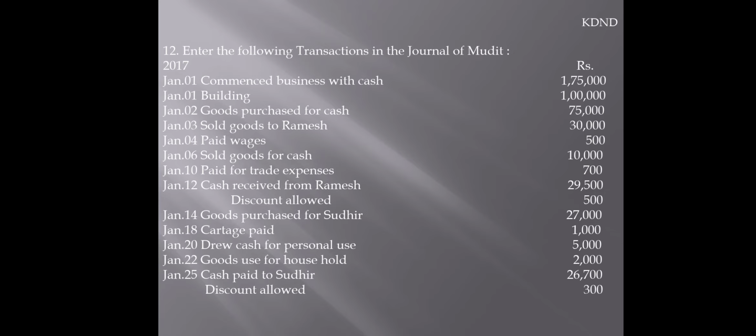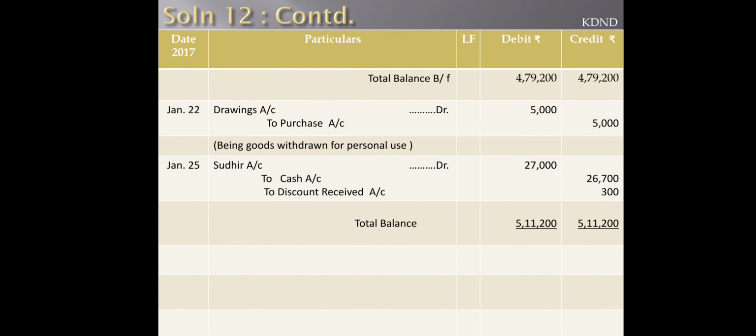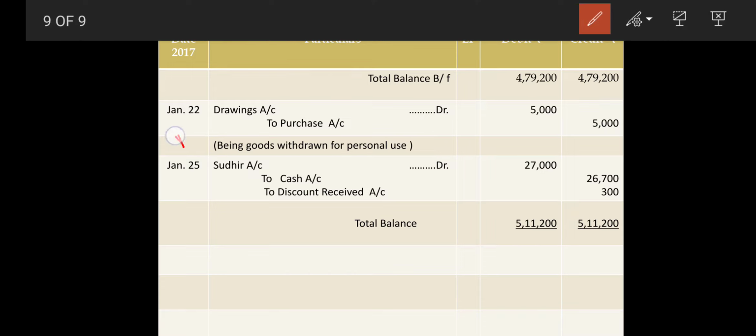In this case it is drawings, but when goods are withdrawn for personal use, they are to be credited to purchases. So your journal entry will be drawings account debit to purchase account, 5,000, being goods withdrawn for personal use. That is the scenario of the sum.